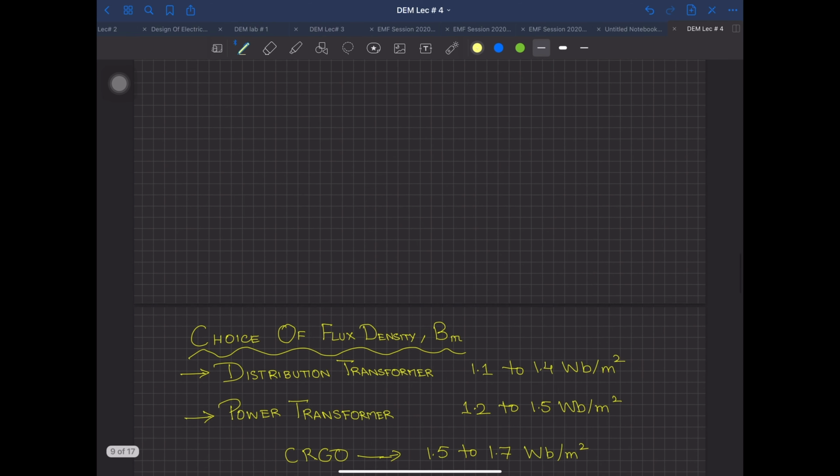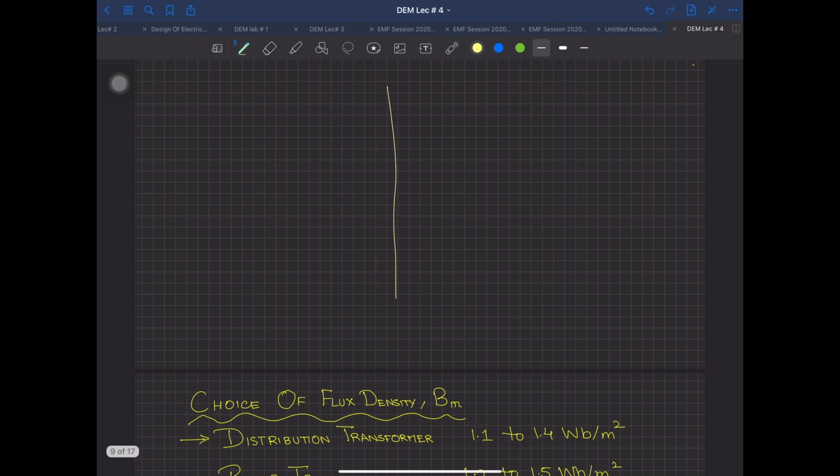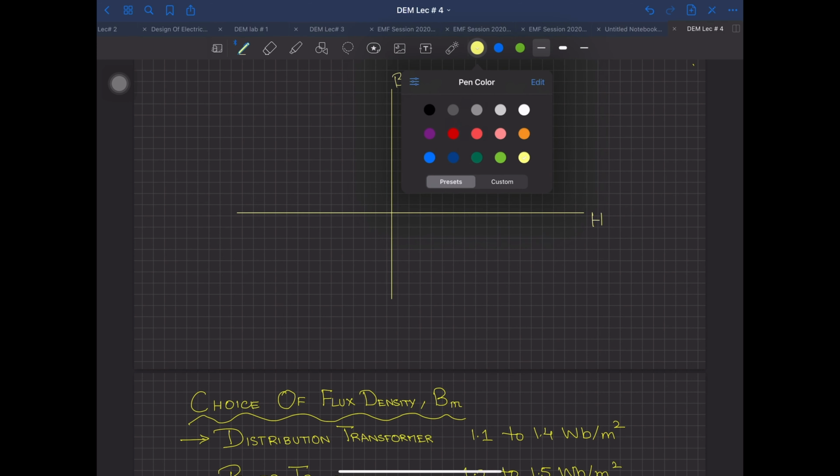So if your BH curve, so you have B, you have H over here, like this a BH curve.